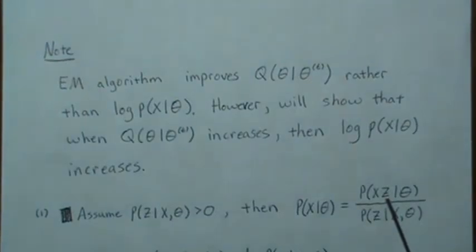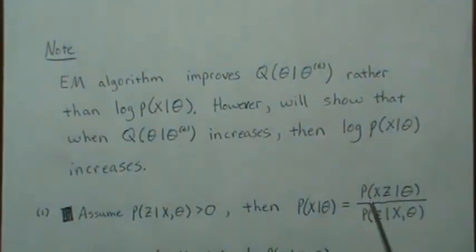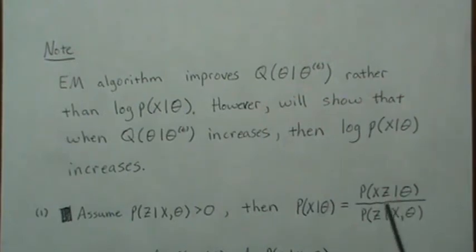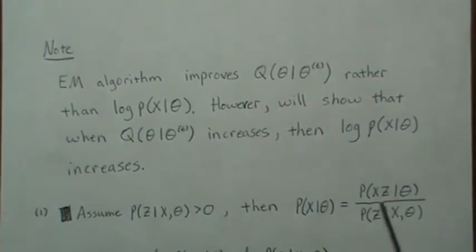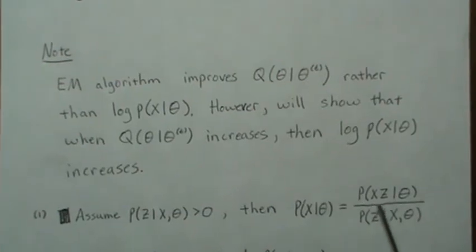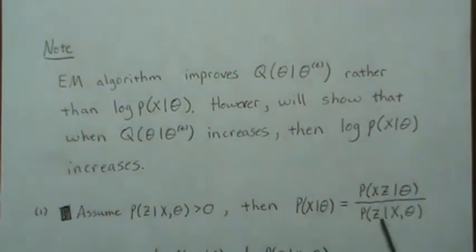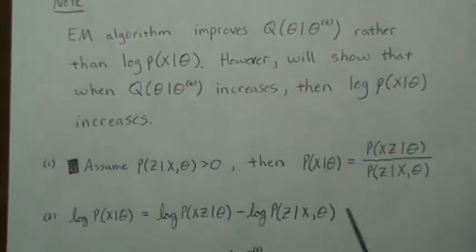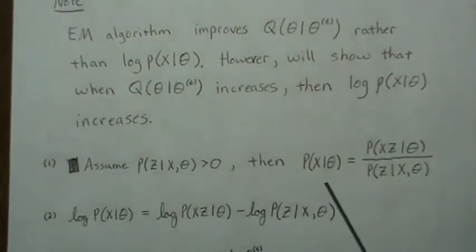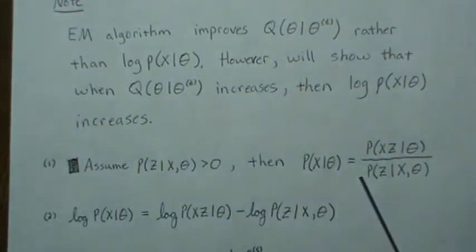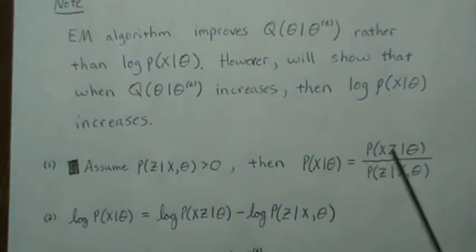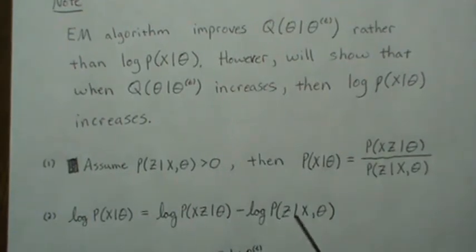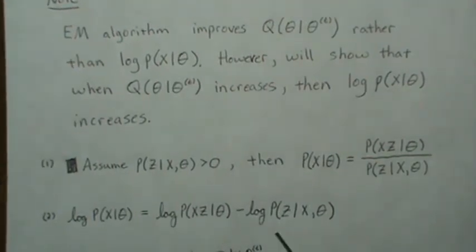And if you think about it, if this is the probability of A and B, then that is equal to the probability of A times the probability of B given A. You can think about that simple probability rule to come up with this. So we have this here, and if we take the log of both sides, then we get the log of this, and the log of a division is the difference. So that's what this is.